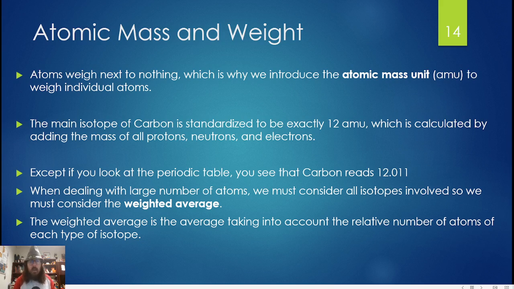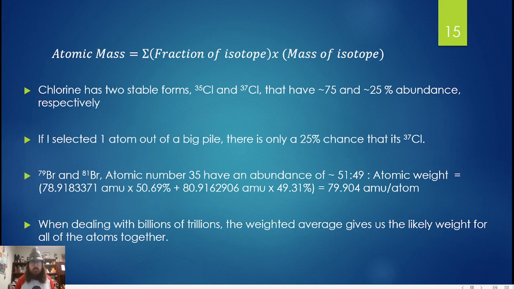So imagine that, except we're doing that with atoms. So if we look at all of the carbon atoms and we compare how many times you get carbon 12, how many times you get carbon 13, how many times you get carbon 14, and you add up those ratios and average them, you get a number that looks like 12.011.